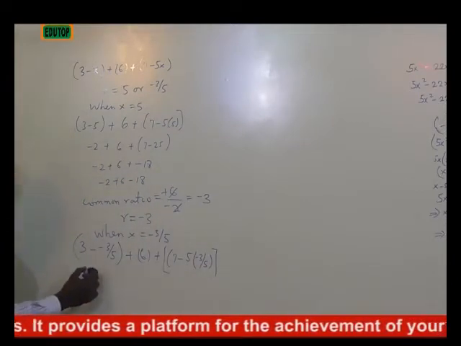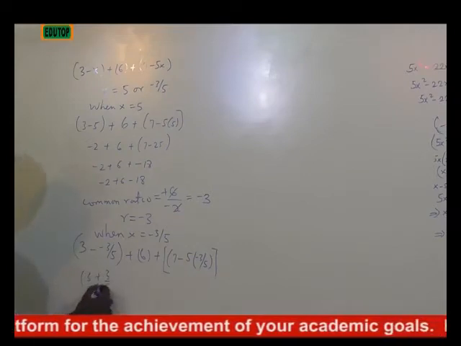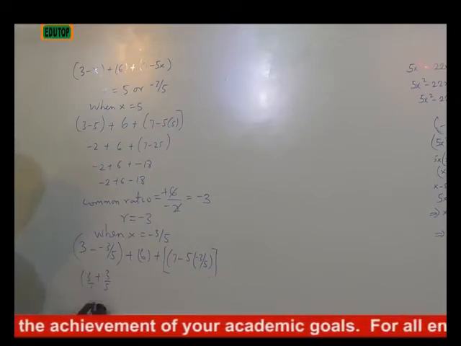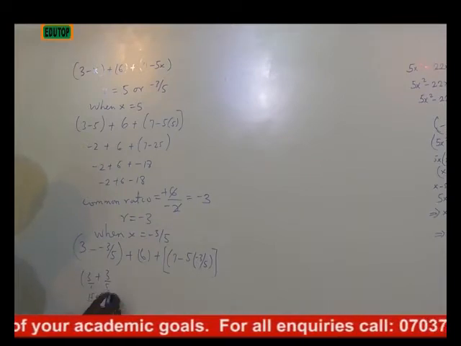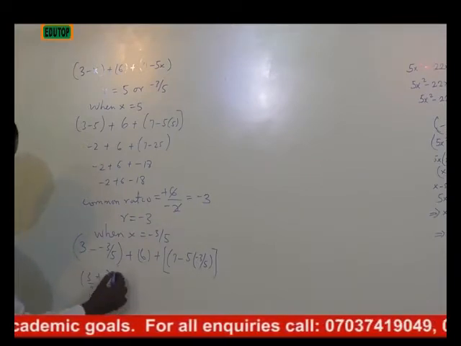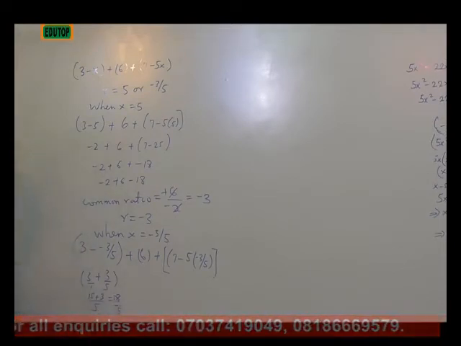In this case, we have 3 plus 3 over 5, for which we look for the LCM, and it will give us 5: 15 plus 3, and that is 18 over 5.